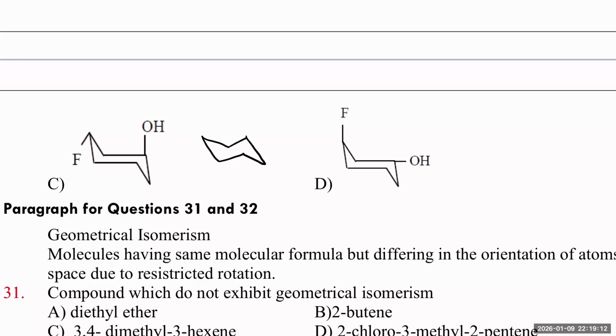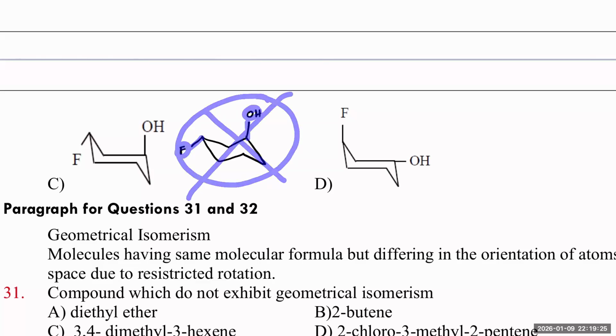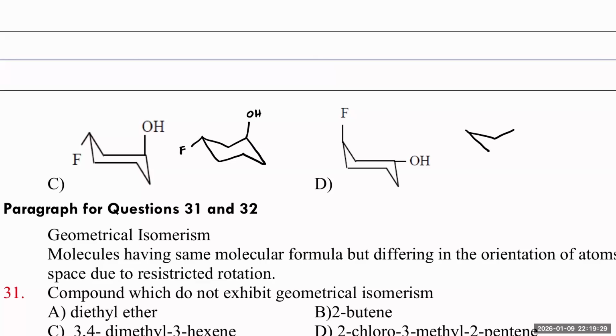If you have it like this, actually this is up and fluorine is here. And you know that when you have axial and equatorial, these two are actually trans. This is not even a cis form, so this is incorrect. And here also, same thing could happen. OH is here and F is here.